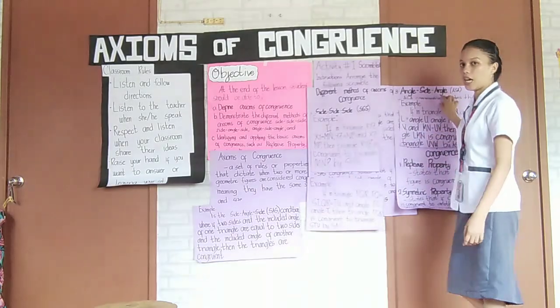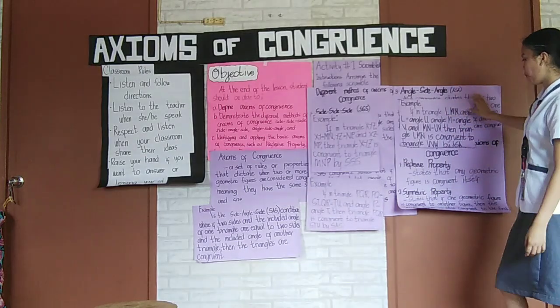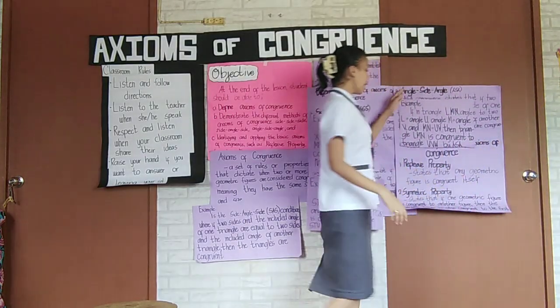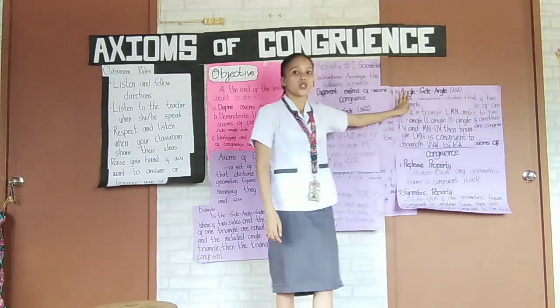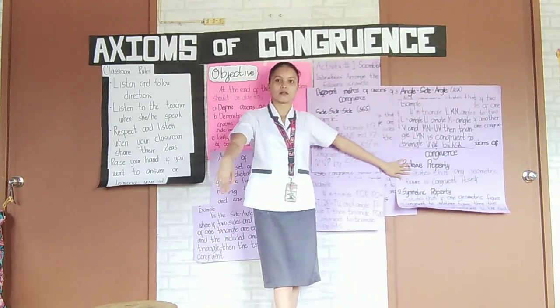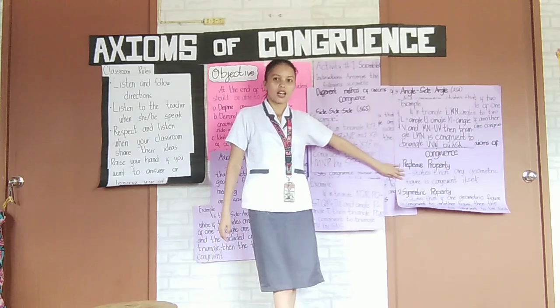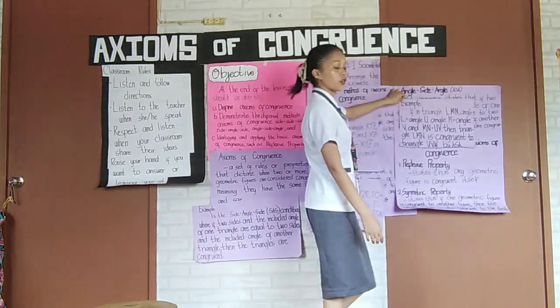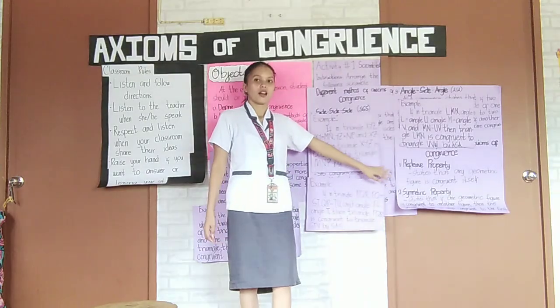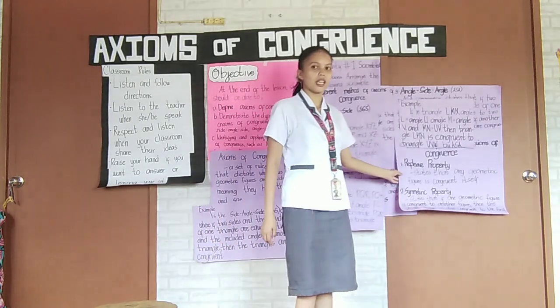So first, we have reflexive property. It states that any geometric figure is congruent to itself. So this property affirms that every geometric shape is congruent to itself, reflecting self-identity and congruence.